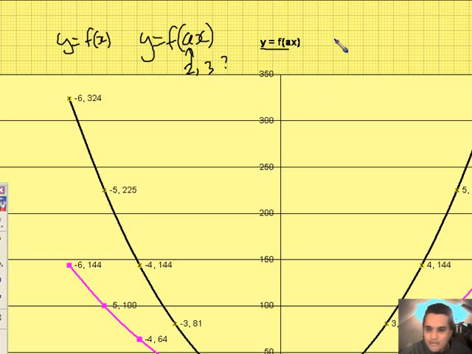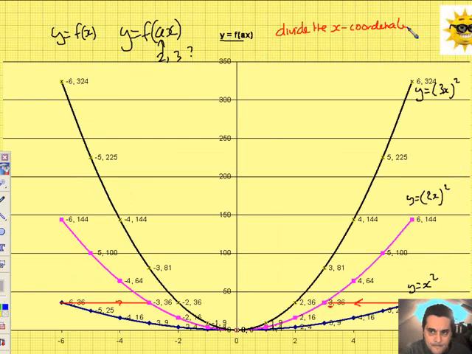You simply divide the x coordinate by the value of a, but leave the y coordinate unchanged.